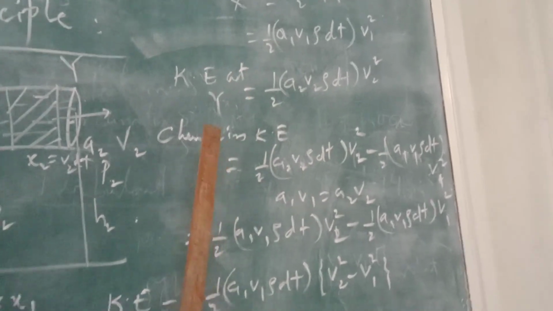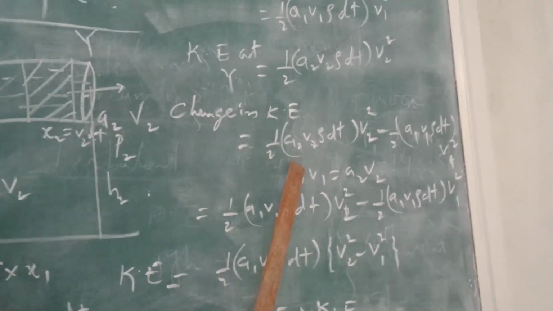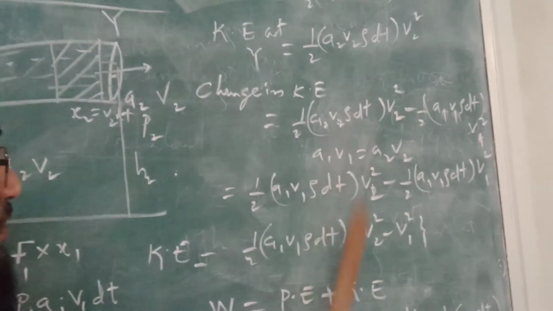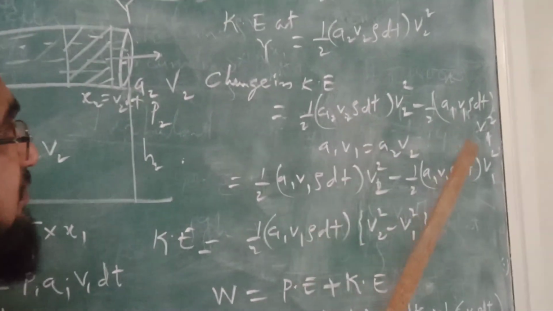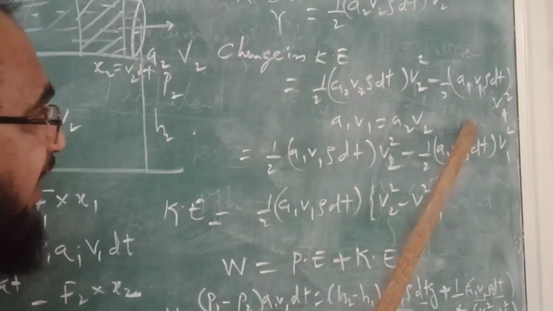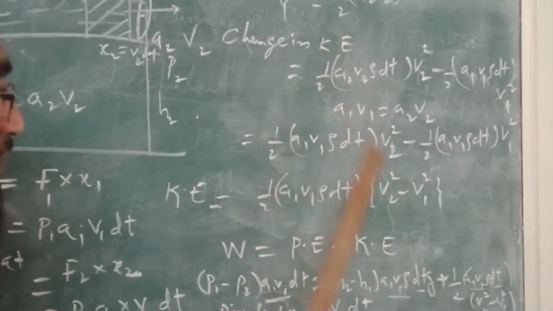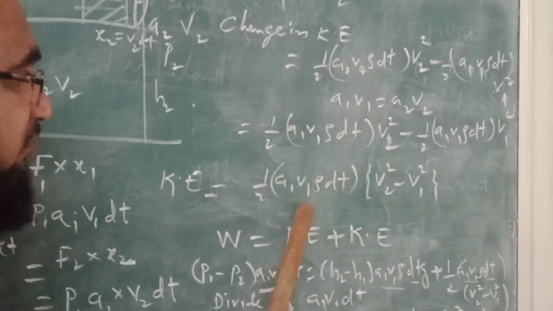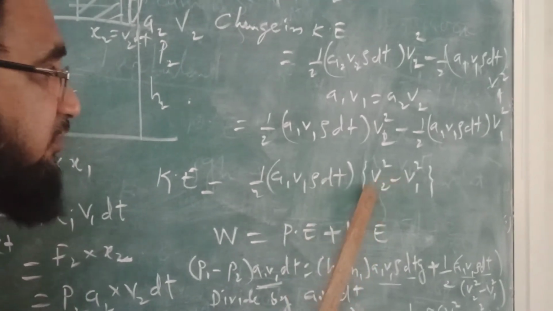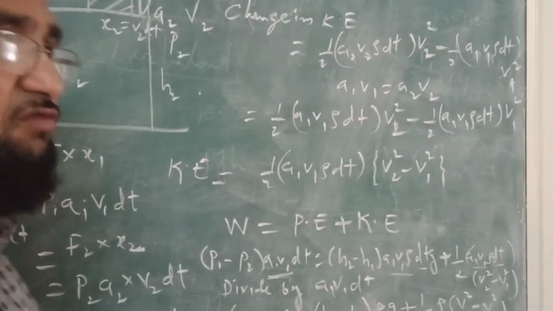Now the net kinetic energy, or the change in kinetic energy, is the difference of the two. So I will take the difference at X and Y, and I will replace A1 v1 by A2 v2. So it will become half A1 v1 rho dt, which is common, into v2 square minus v1 square.